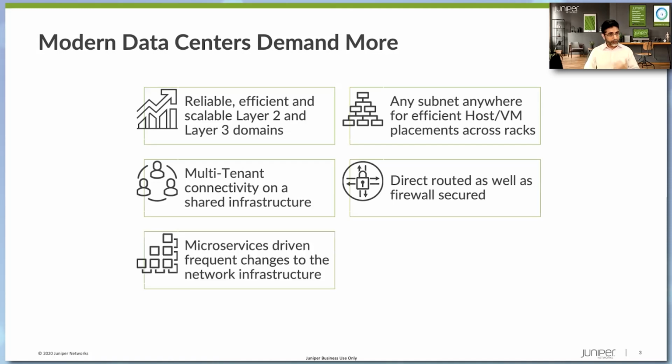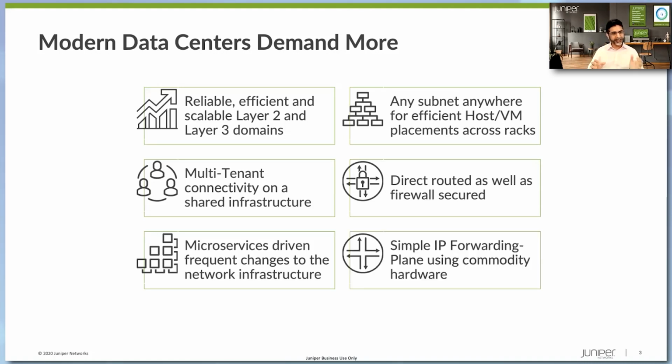If that's not enough, we actually have modern infrastructure using microservices and virtual machines. They add a unique challenge to the network. There is a constant change in IPs and MAC addresses going on in your backend infrastructure that is outside of your networking element. And that means that your network has to now react and adapt to those changes without making any configuration changes on the network. And all these things need to happen on a simple IP forwarding infrastructure that is affordable.